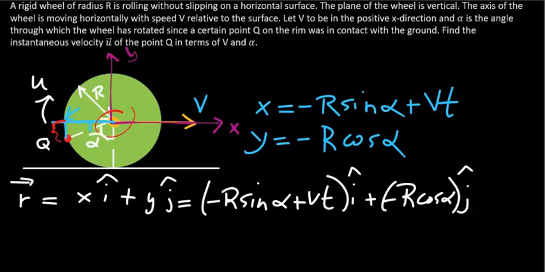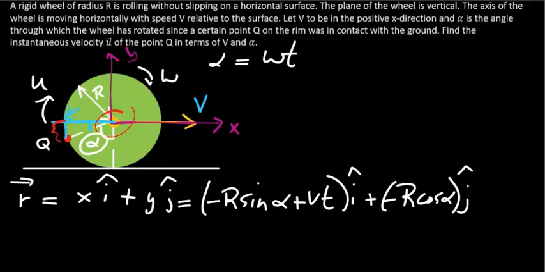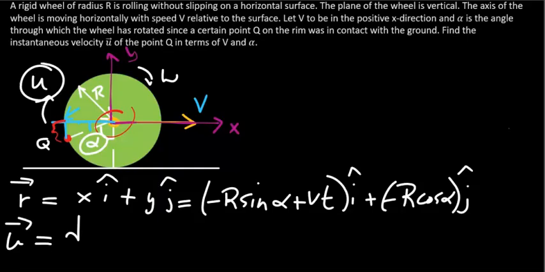Keep in mind, as the rolling persists, alpha is a function of time, and that is given by the angular speed for that rolling motion times time. Now let's do the expression for the velocity. So u, that is just dr/dt. The time rate of position vector would give you the velocity.